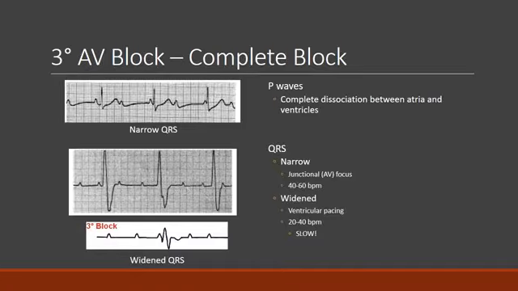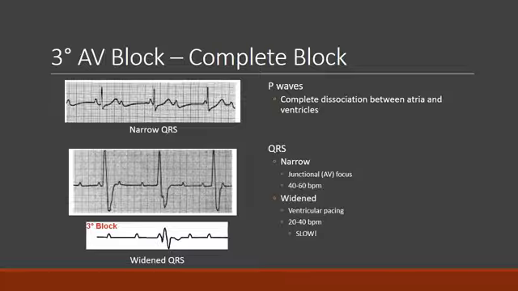Now the QRS can be narrow, which suggests that the atria are still kind of tacking away, doing their thing, but the response then for the ventricles is originating in the AV node, or further down in the junctional wiring, if you will.